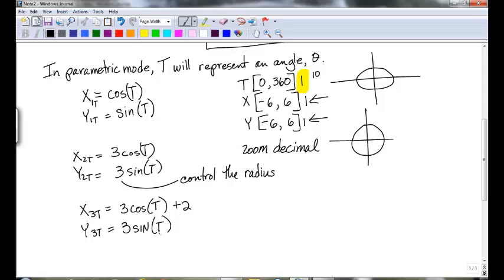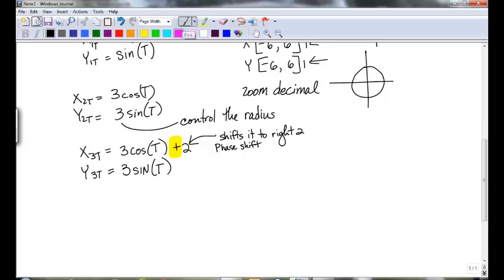Okay? And it just slides it over to the right. So this actually shifts it to the right 2. It's like a phase shift. But the good thing is in parametric mode, if it's a plus sign, it goes to the right.